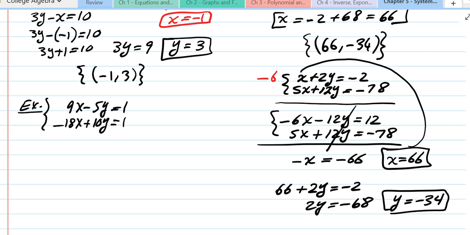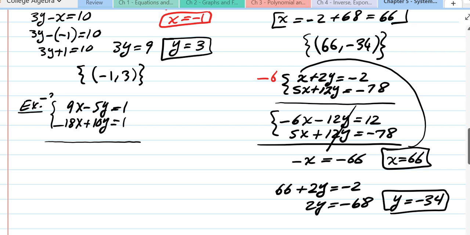Well, this example should clarify that for us. Let's say I want to get rid of the x. So our focus is on just the x's. I have negative 18 in the second one, 9 in the first one. So it's easier to multiply, let's say, the first equation by 2, correct? Multiply by 2 to create the opposite.